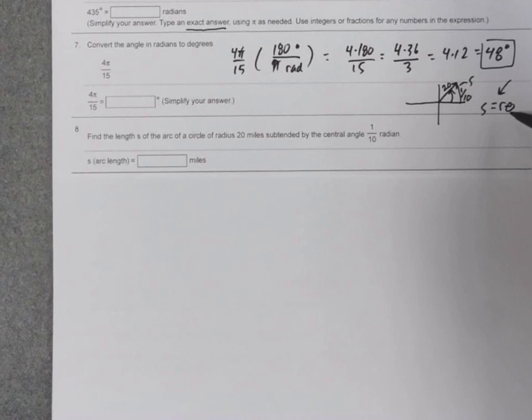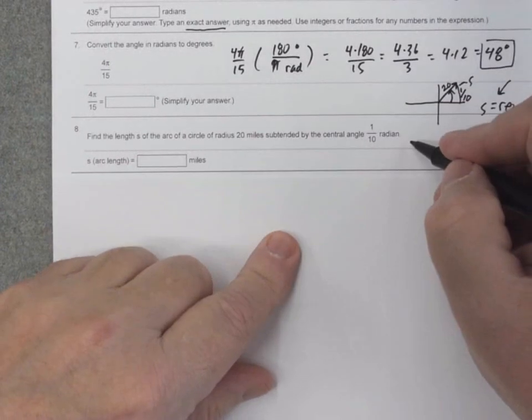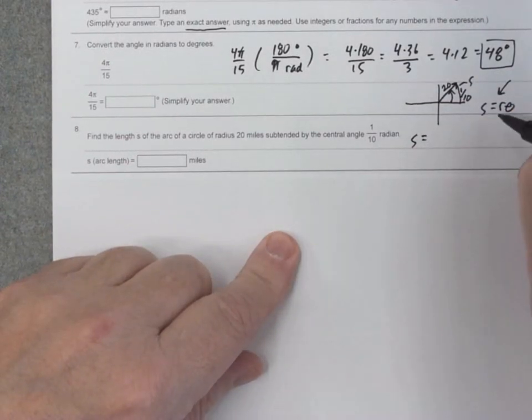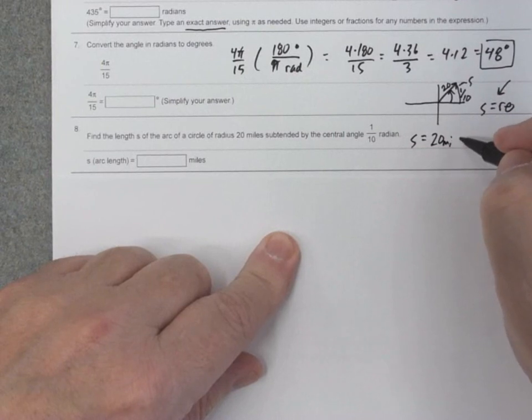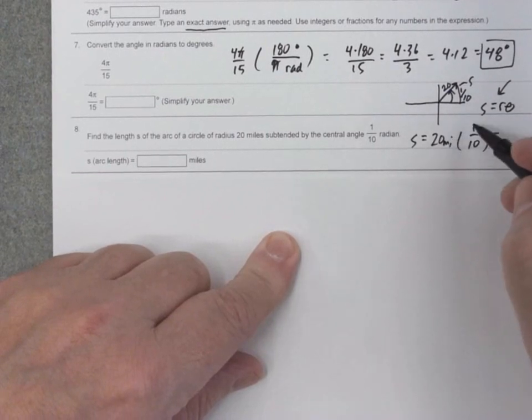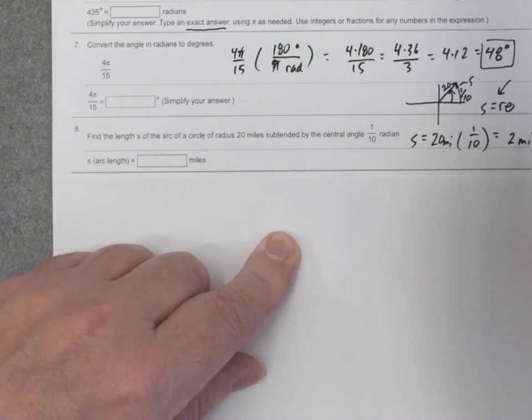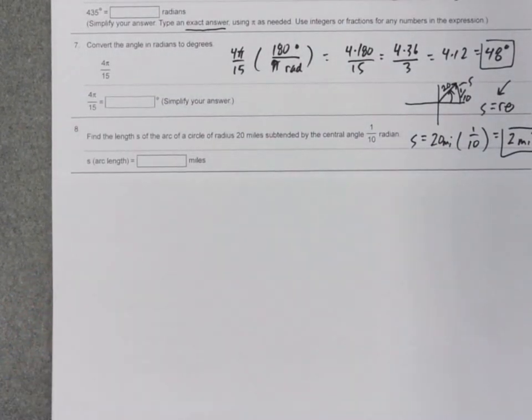This equation only works if the angle is in radians. In this problem, the angle is in radians, so S should be R, which is 20 miles, times 1/10 radian. 20 times 1/10 is 20 divided by 10. The answer should be 2 miles, and that is correct.